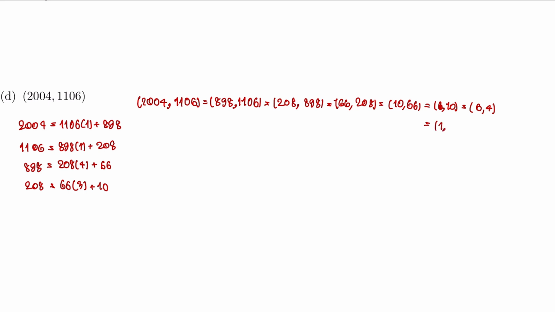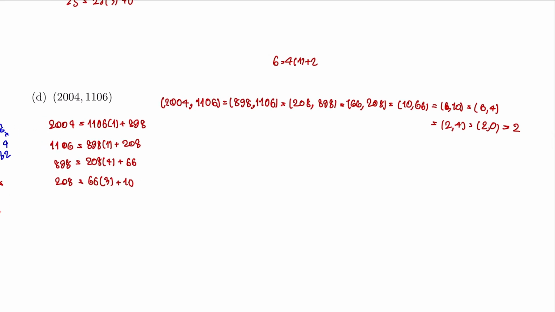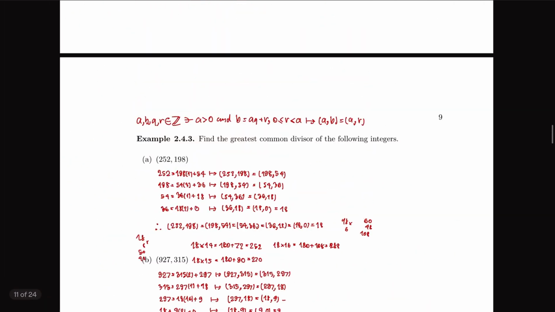Let's write 6 equals 4 times 1 plus 2. So you have 2 and 4, then 2 and 0, which is 2. This is the greatest common divisor of 2004 and 1106.